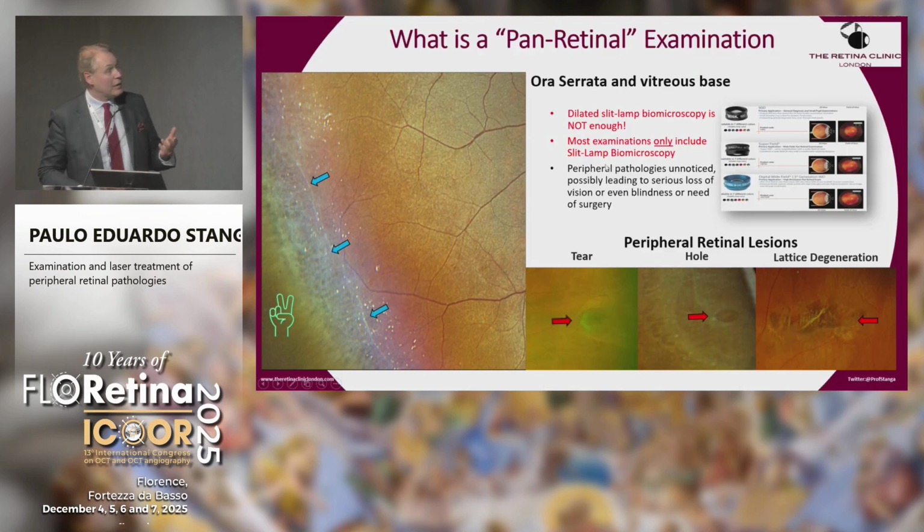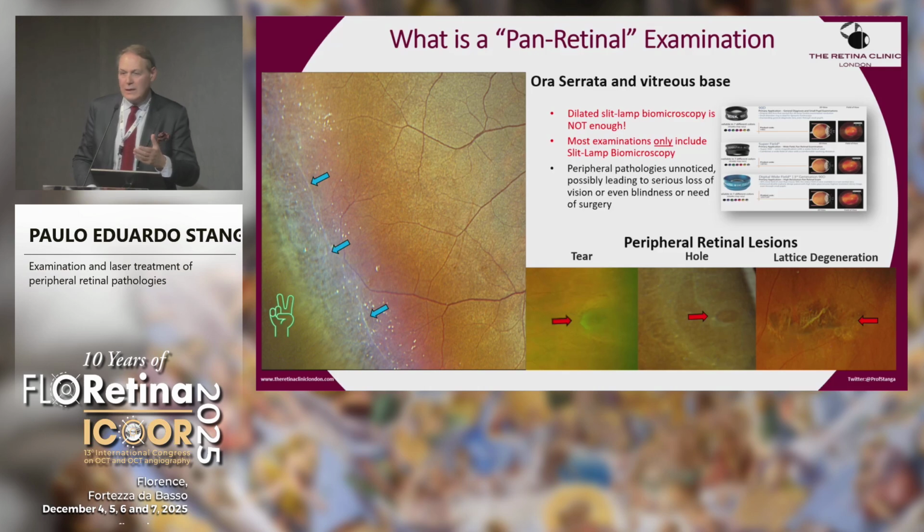Now, we talk about retinal examination, but the reality is when people are having a retinal examination, most people are being examined with a 78 or an ultra-wide field, non-contact lens, a wide field, but none of these lenses, unless you are at the booth of one of the lens companies or doing it in a dummy eye, allows you to see the ora serrata.